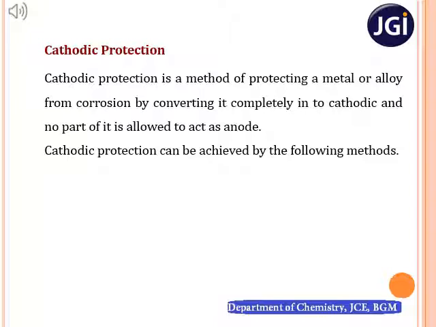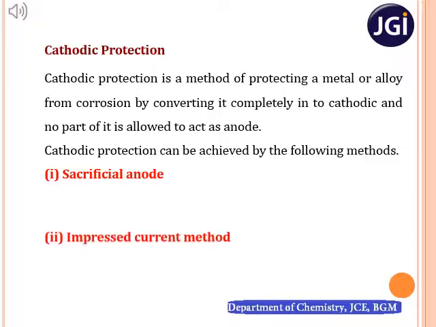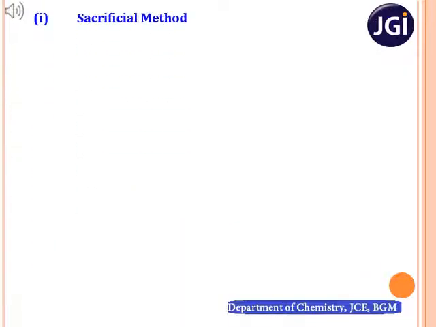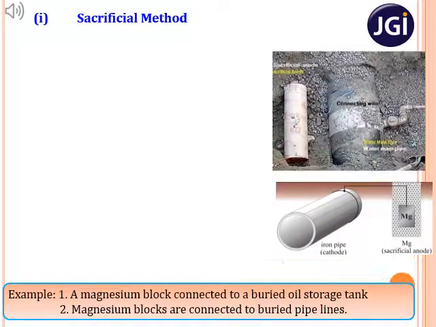The cathodic protection can be achieved by the following methods. First one is sacrificial anodic method and second one is impressed current method. Observe the diagram of a buried oil storage tank made up of iron.